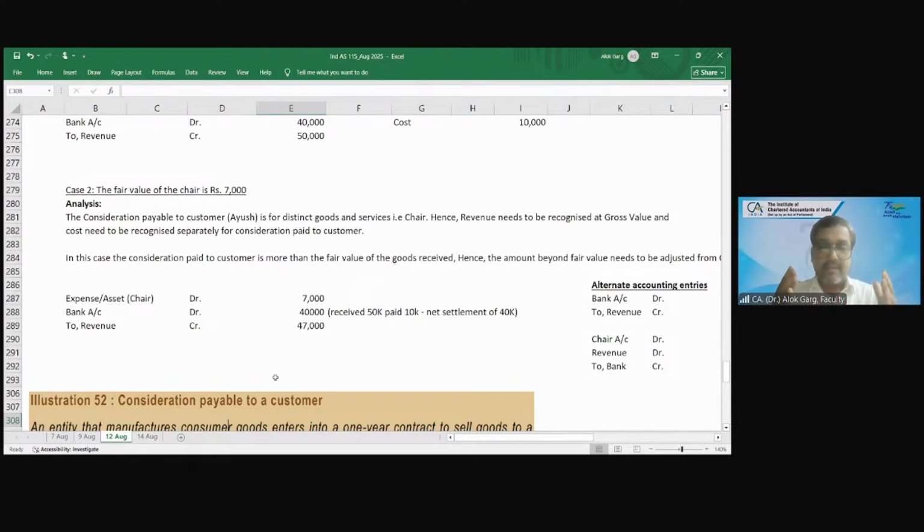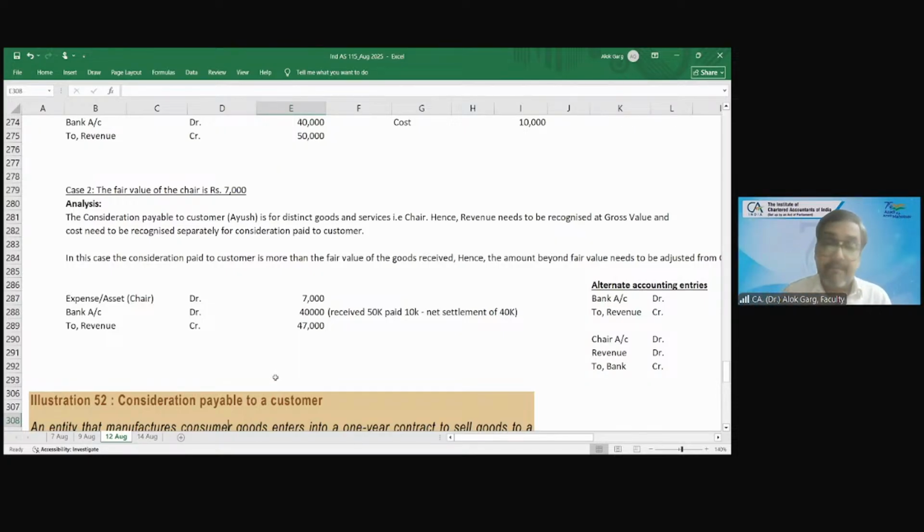If the consideration payable to a customer is for distinct goods and services, then you have to recognize revenue separately and cost separately. For recognizing revenue and cost separately, if whatever you are paying to your customer is equal to or less than the fair value of the goods received, then your payment to the customer is your expense or cost, equal to the payment to the customer.